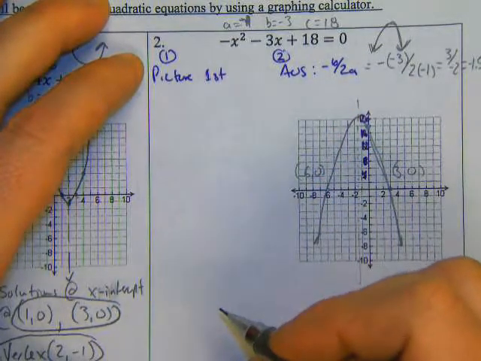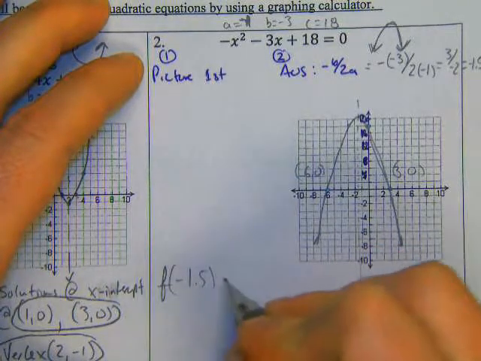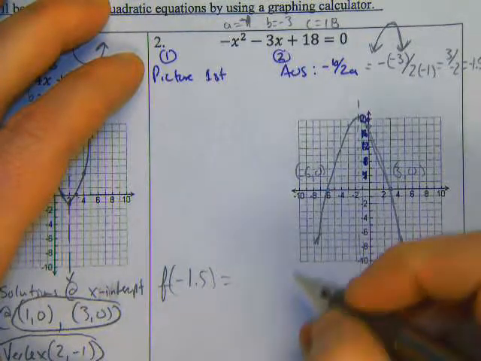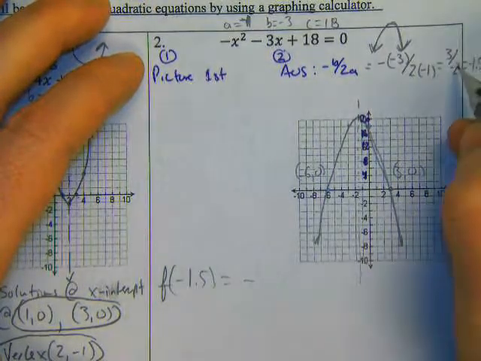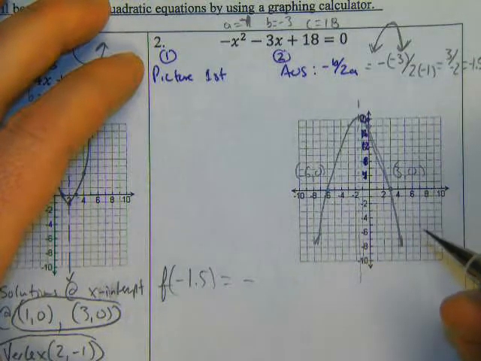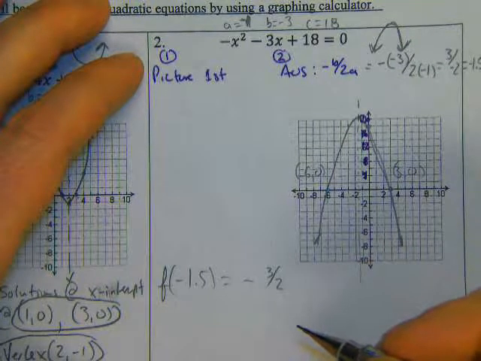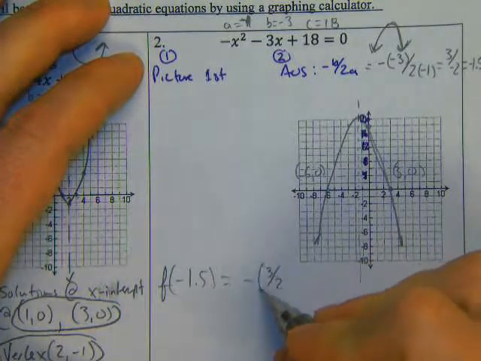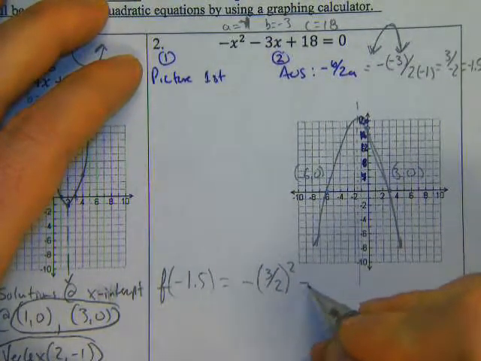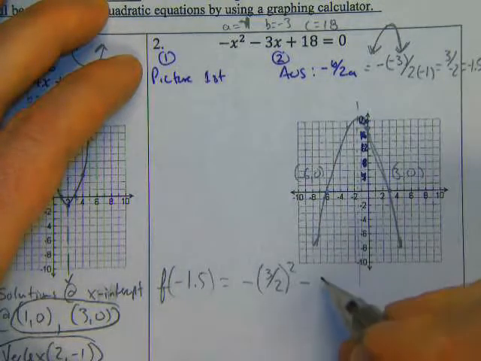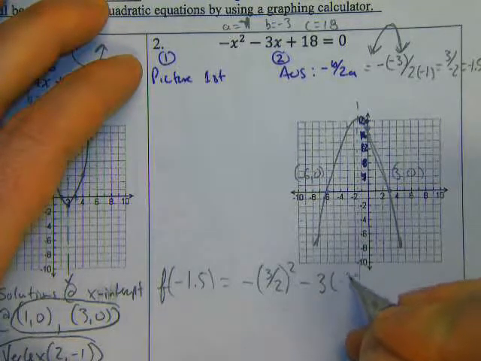And another way to write that is f of negative 1.5 is, I just put negative 1.5 in for x, so it's negative, and I put it in as a fraction because I was at home with just my phone, and I like using fractions instead of decimals on my phone calculator. So minus 3, and that is negative 3 over 2.